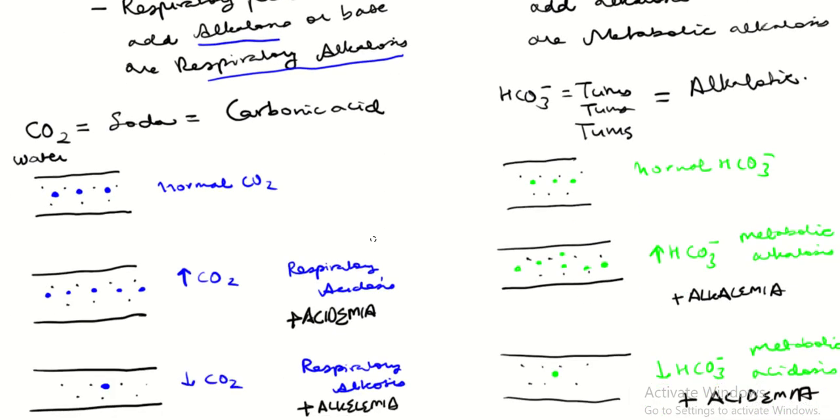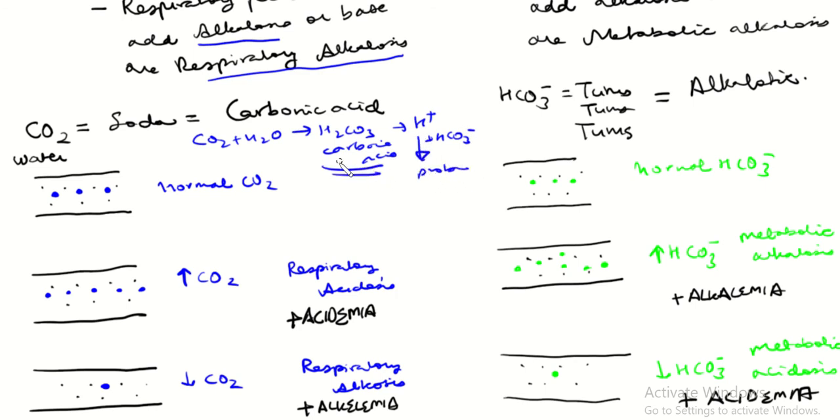CO2 plus H2O gives you H2CO3, that's carbonic acid. You have H plus plus bicarbonate. H plus is a proton, this is actually an acid. So if I have more CO2 dissolved in water, I have higher acid. When you're drinking soda water, you're drinking carbonic acid.